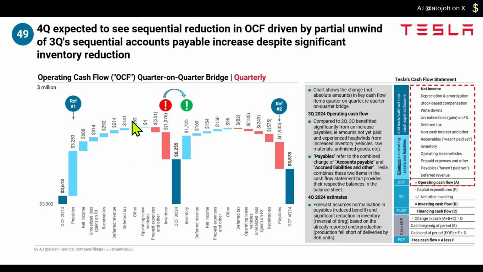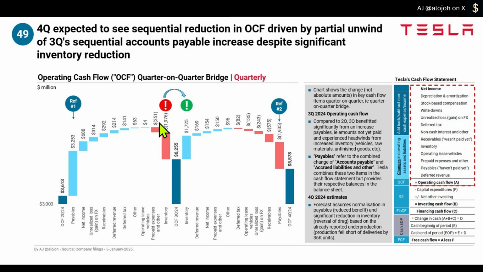And then here you also see some headwind compared to 2Q. For example, the headwind in the third quarter was that there was an inventory buildup after there was a significant release in 2Q, and then there was a smaller amount. Sorry, there was a larger amount of prepaid expenses.